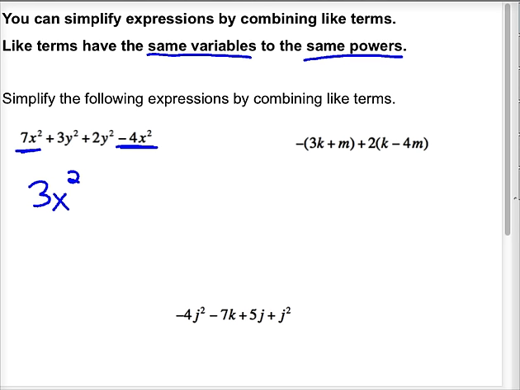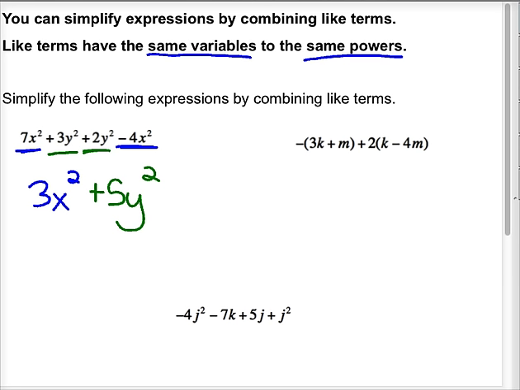Just perform the operation. 3y squared and 2y squared. So 3y squared, and I'm adding 2 more. So 3 plus 2 is positive 5. And we're talking about y squareds. Same power, same variable.